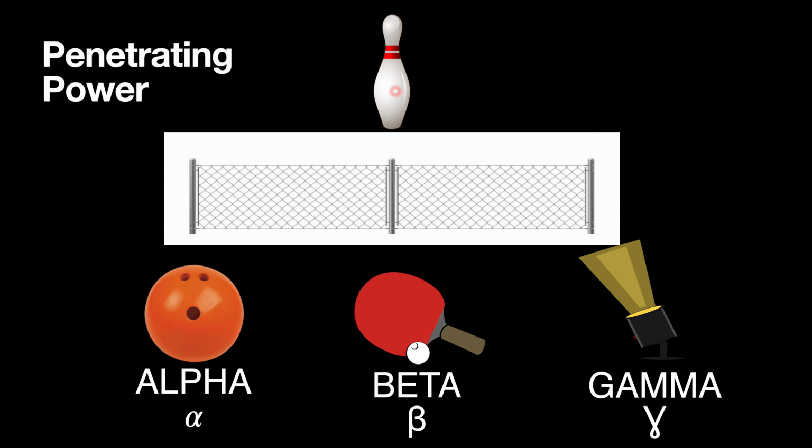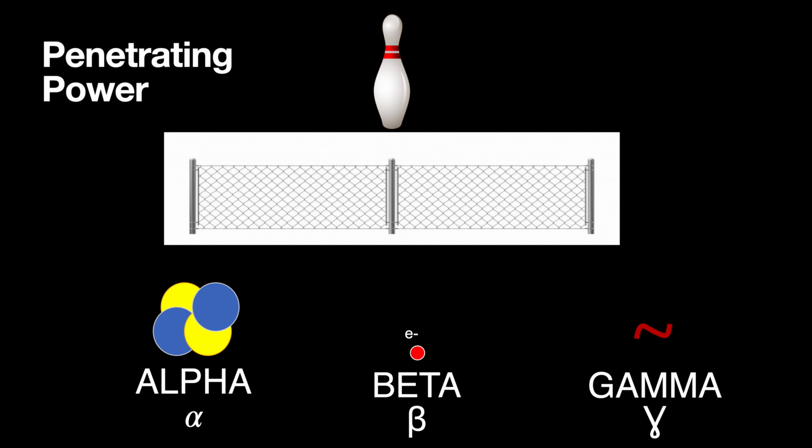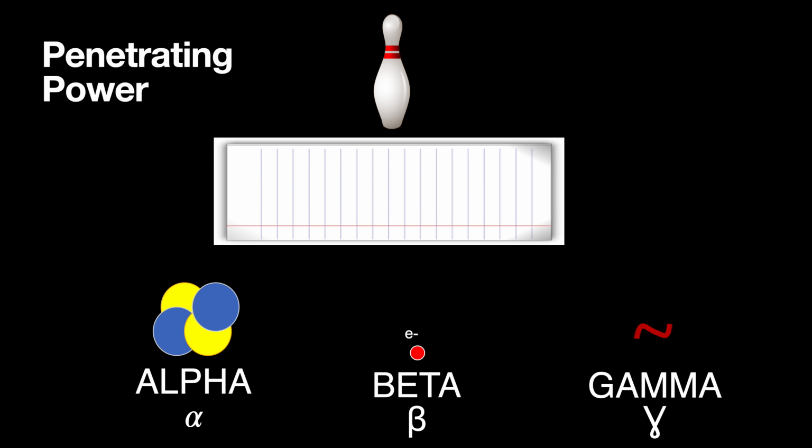However, the table tennis ball and the light will easily pass through. Based on this, we can say that the alpha particle, or the bowling ball, isn't very penetrating compared to the beta particles and gamma. So as this kind of fence would stop a bowling ball, paper can stop alpha particles.